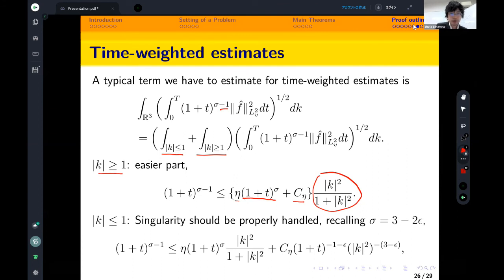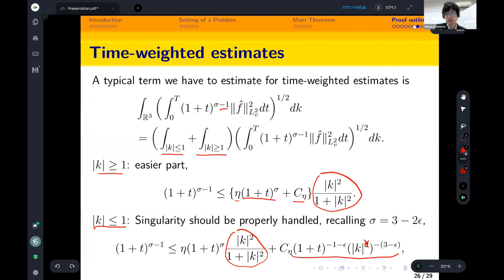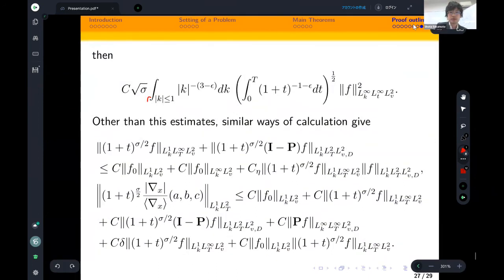For the k smaller than 1 part, this is more difficult because this may degenerate at k equals 0. So by Young's inequality again, we can get these terms for the large part, and in order that they should be integrable like this, we need a small epsilon.